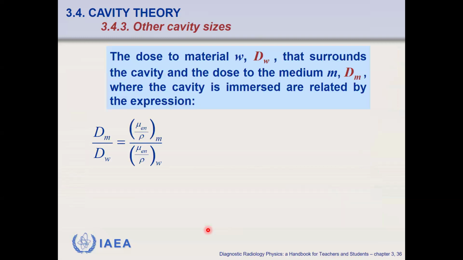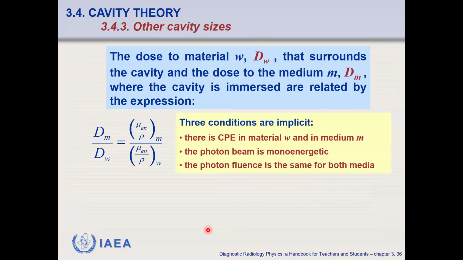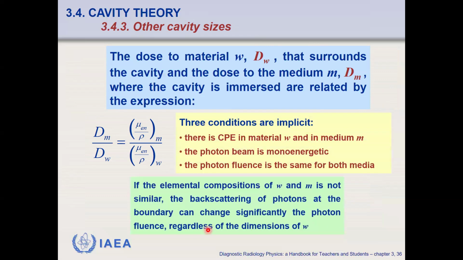Now, other cavity sizes. We have other cavity sizes, of course. We can talk about different cavity sizes. The relationship between the dose to the material, Dw, surrounding the cavity, and the dose to the medium, Dm, where the cavity is immersed, is expressed as Dm over Dw.